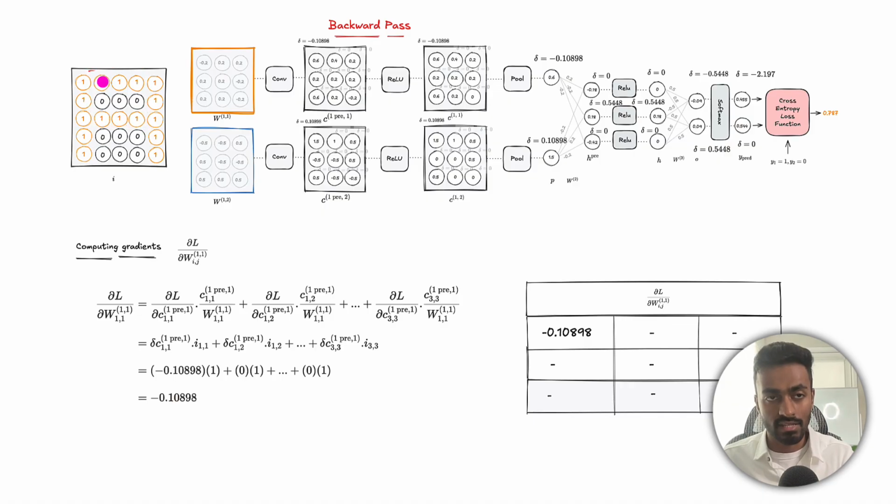And specifically, it's going to be of this 1, 1 here, which is hence like I, 1, 2, right? And that's why we can substitute them all the way. And if you substitute all the values, you're going to get negative 0.108. And we will store this in our 3x3 table of weights over here.